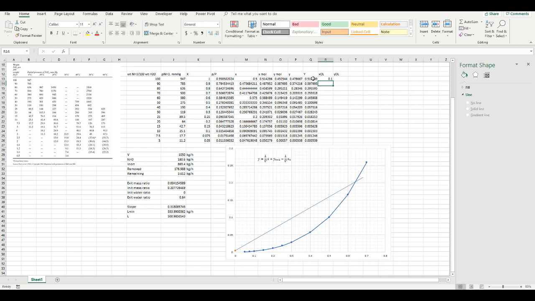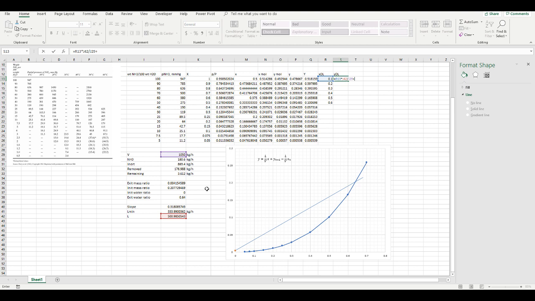So 0.1 all the way to 0.6. Now, the y value is going to be equal to x value times L over V plus yn plus 1.